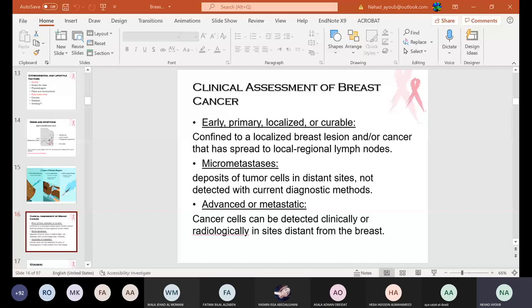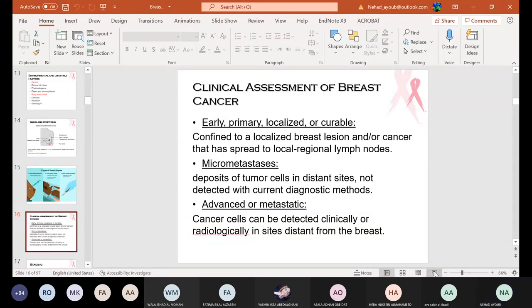ففي فرق بين micrometastatic disease and distant metastasis. If there is distant metastasis, if M is 1, it means there is a secondary cancer lesion found in a distant organ, detectable on a site of metastasis, and this means a stage 4 disease, advanced or metastatic disease, okay?